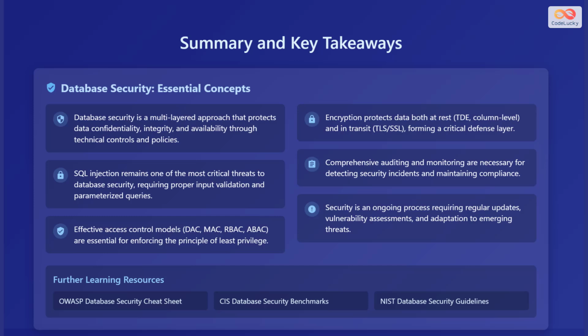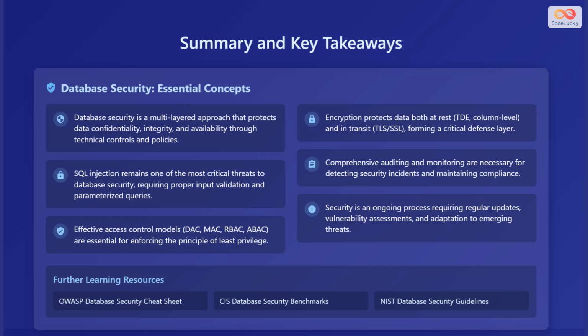Let's summarize the essential concepts we've covered in this session. Database security is a multi-layered approach that protects data confidentiality, integrity, and availability through technical controls and policies. SQL injection remains one of the most critical threats to database security, requiring proper input validation and parameterized queries. Effective access control models such as DAC, MAC, RBAC, and ABAC are essential for enforcing the principle of least privilege.